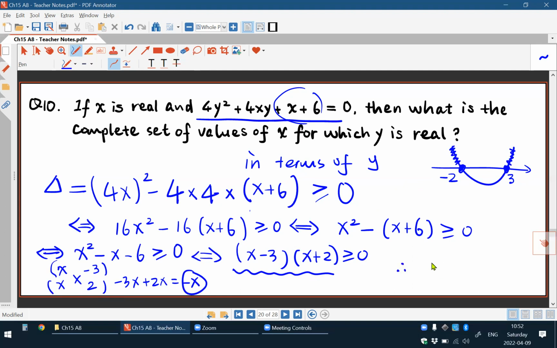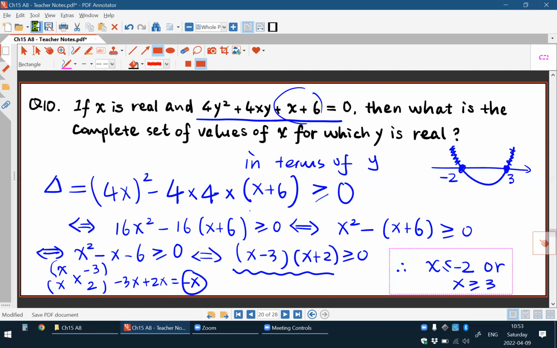Therefore, the solution is x is either less than or equal to negative 2, or x is greater than or equal to 3, right? So that means as x falls in these intervals, then y is a real number in this equation.